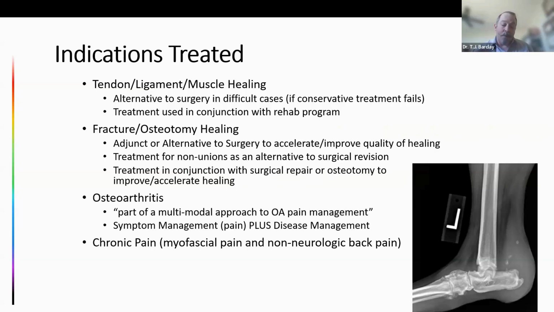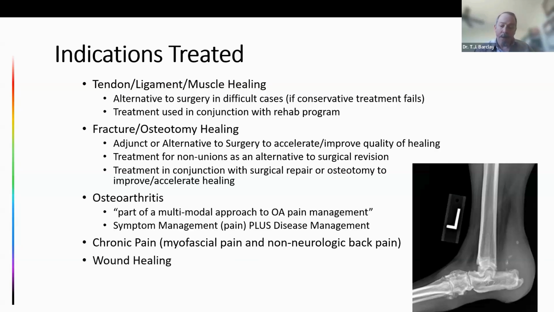Fracture and bone healing, so fractures and osteotomies are another big use case. And then osteoarthritis and chronic pain are one of the biggest uses, especially in our small animal patients. And then lastly, wound healing.